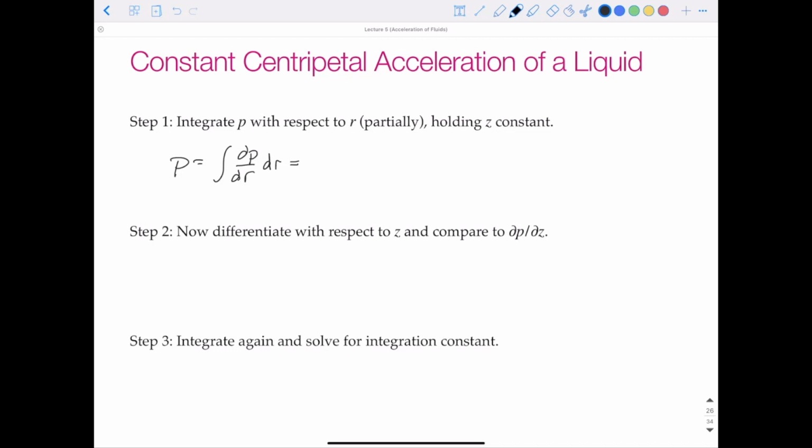And from our equation above, if we integrate that, we end up with 1/2 rho r squared omega squared. And because we're integrating this indefinitely, we have to add some constant of integration, and that will be some function of z. Because we didn't consider z, we held it constant, there's going to be some constant function now through z. And this will be our integration constant.